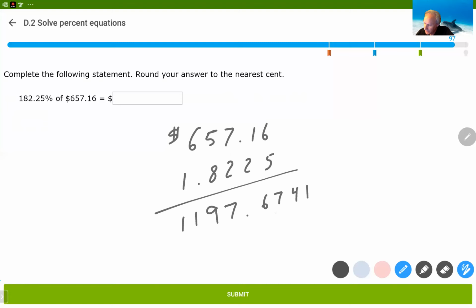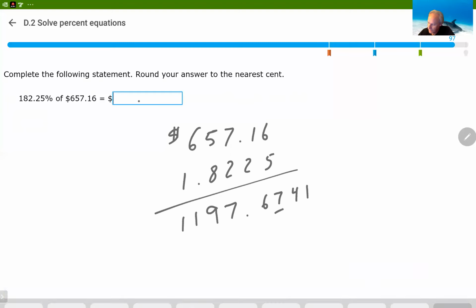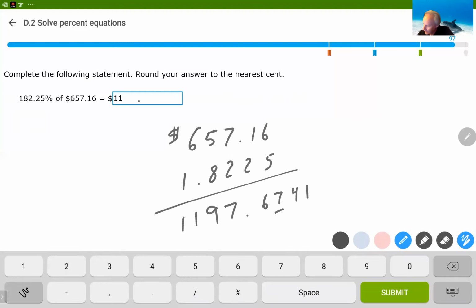Round to the nearest cent, which means I'm going to leave it alone. 1197.67. 1197.67, yes. And does that make sense? It's almost double. Yep.